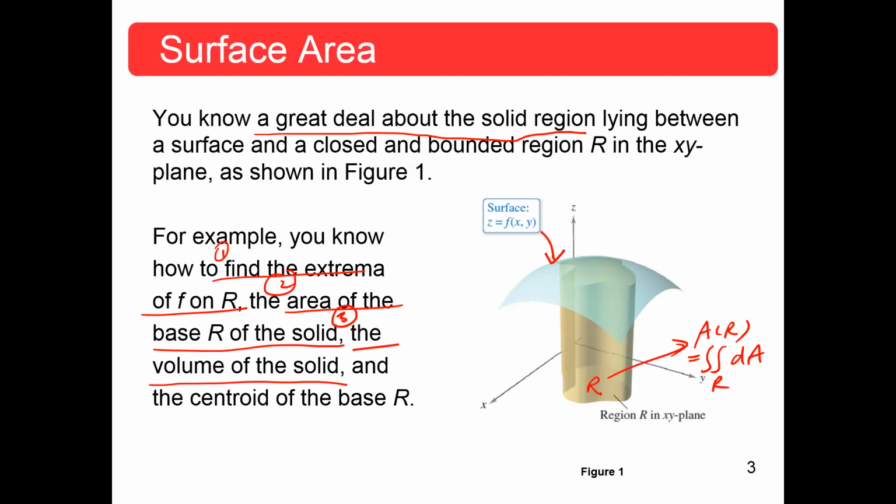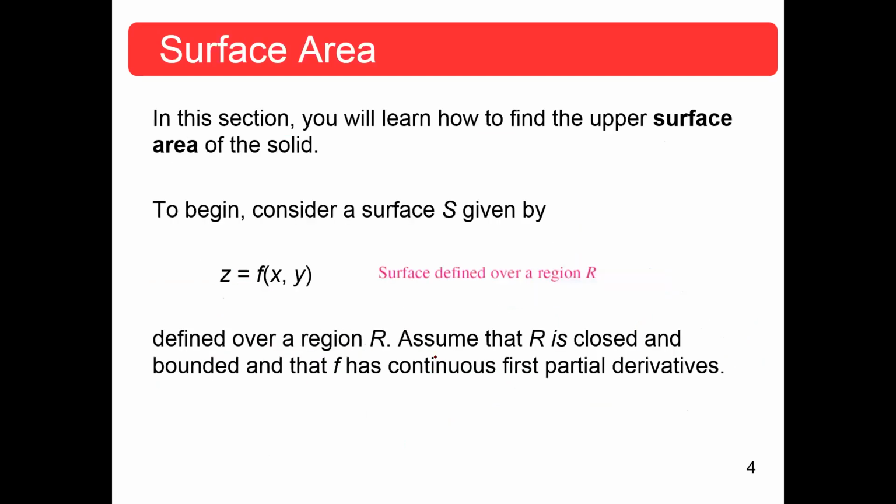These three are the ones we have talked about in our class: the extreme values of the function f, maximum and minimum; the area of region R, which is the double integral of dA over R; and the volume, which is the double integral of the function f dA over region R. So you change the integrand to the function in order to calculate the value. These three items we've already talked about.